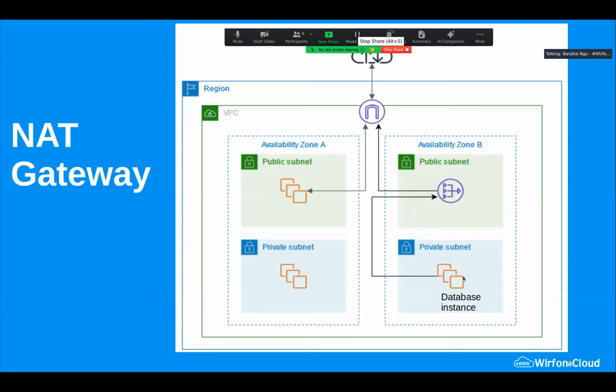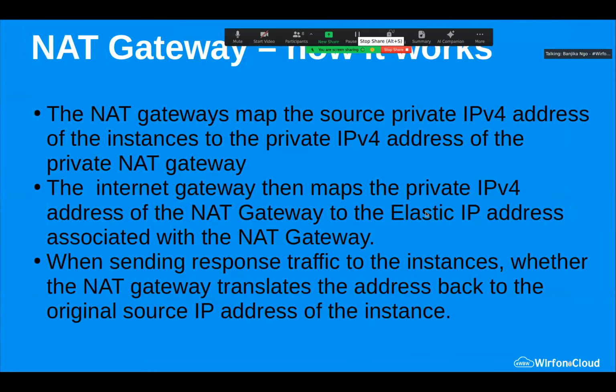So it will map the private IP address to the private IP address of the NAT gateway. And then the internet gateway will map the private address of the NAT gateway to the elastic IP associated with the NAT gateway. So every NAT gateway has an elastic IP. An elastic IP is more of a static public IP address.